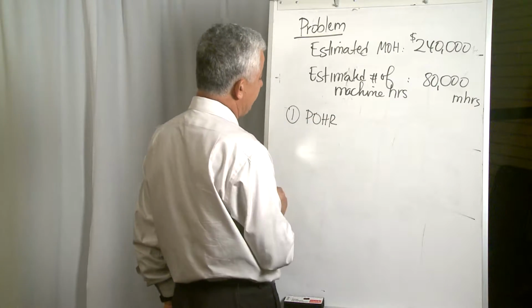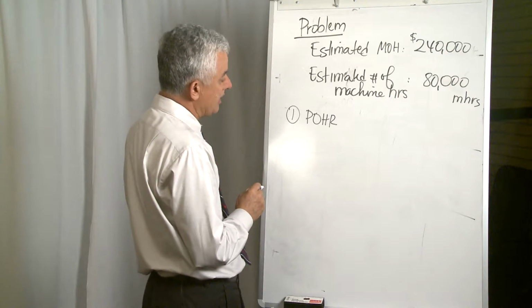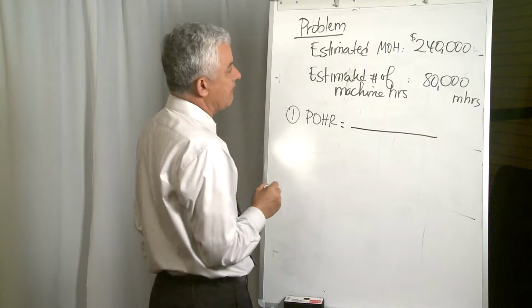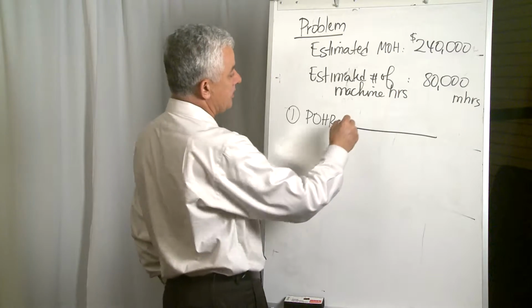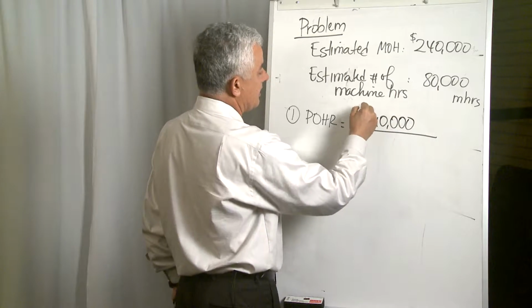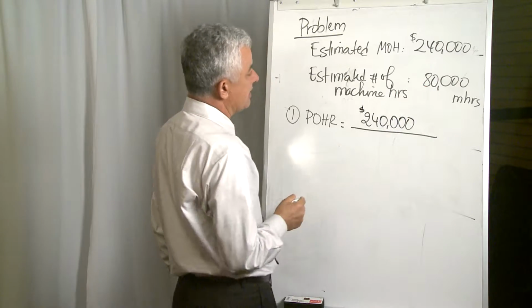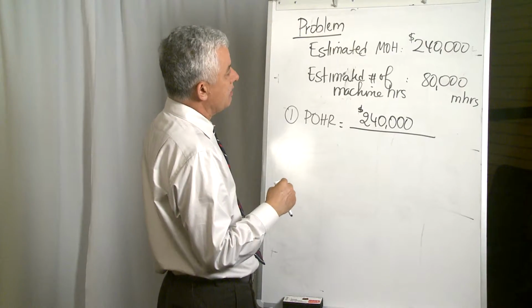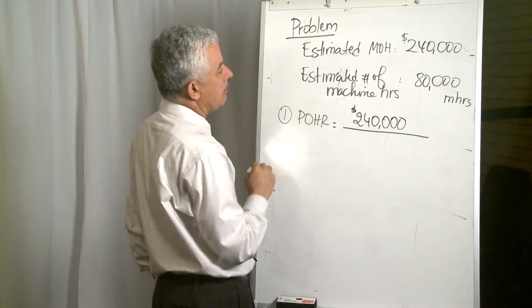Remember, we've seen this before. Predetermined overhead rate is equal to the estimated manufacturing overhead for the upcoming period, 240,000, and we divide that by the allocation base, in this case the machine hours. That means we are allocating manufacturing overhead costs based on machine hours.